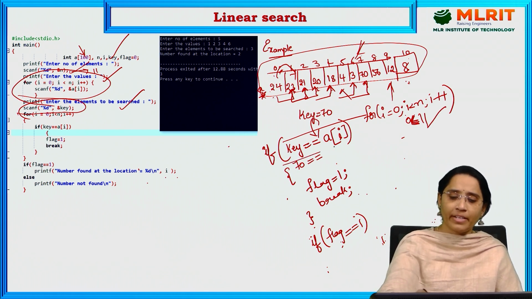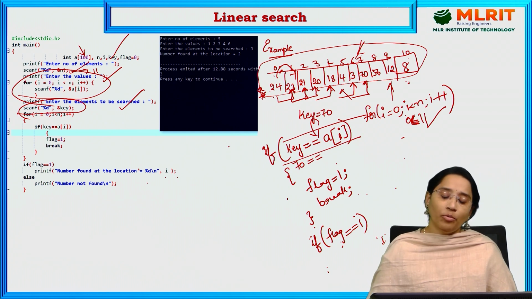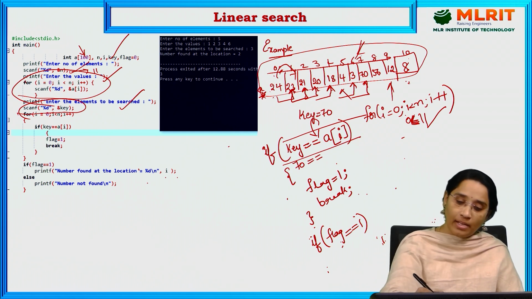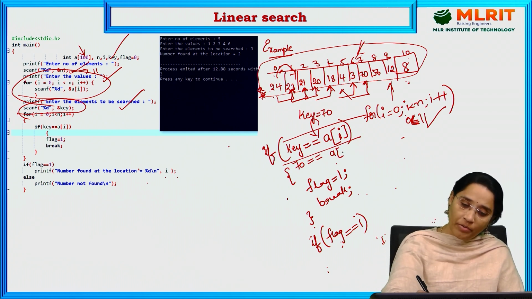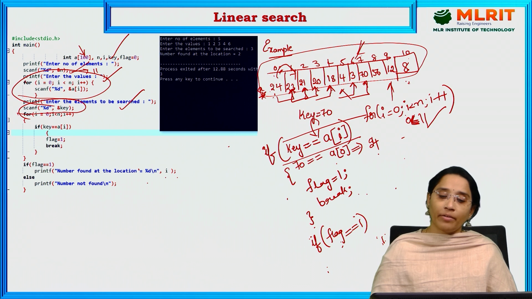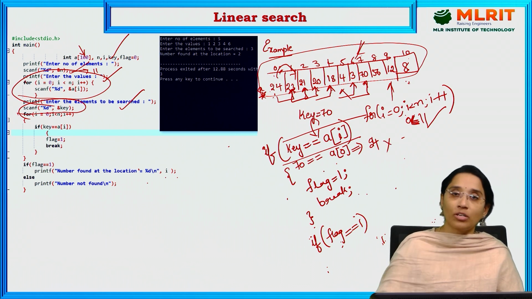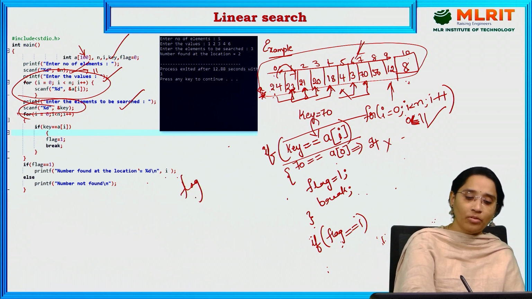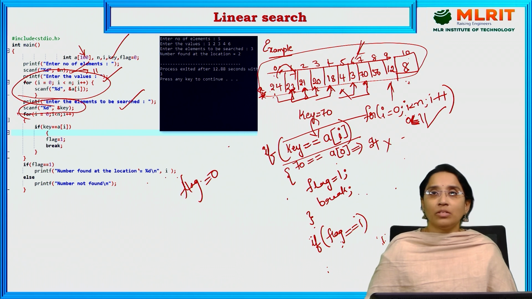Control will now enter the body of the for loop. Is key 70 equal to a of 0? What is a of 0 value? 24. 70 equal to 24, condition false. So flag is not set to 1. Initially flag is set to 0, and still the flag bit is 0.